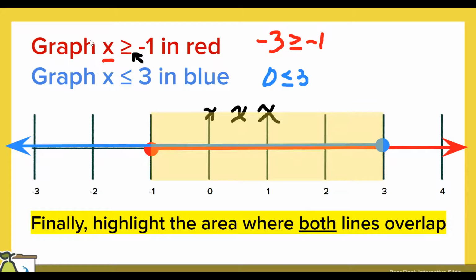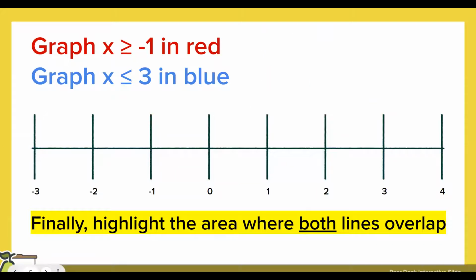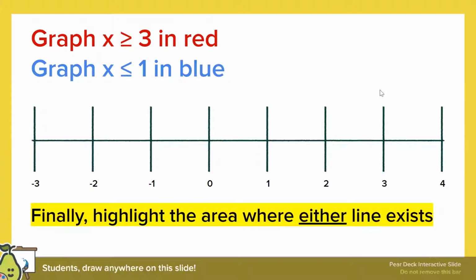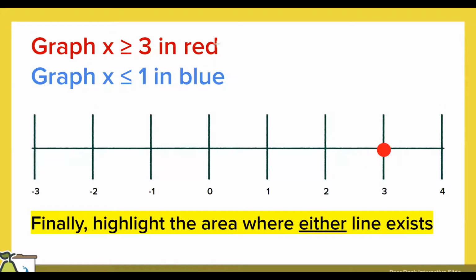All right, let's try something a little different. Here, I want us to graph x is greater than or equal to 3 in red, x is less than or equal to 1 in blue, and I want us to figure out where either line exists. Well, let's start with our endpoints, just because that's the easiest. And if x is greater than or equal to 3, is 4 a solution?